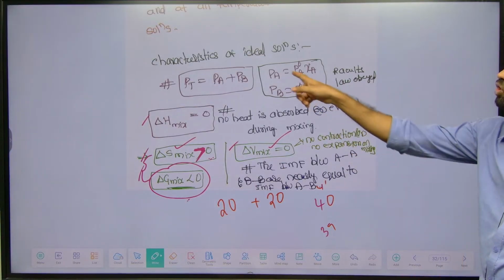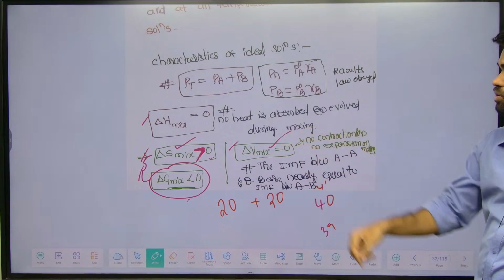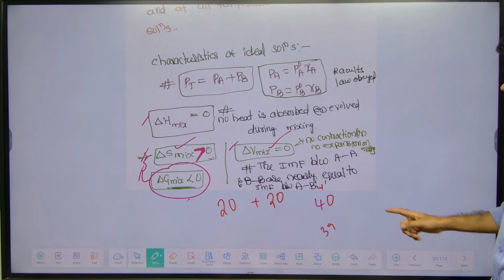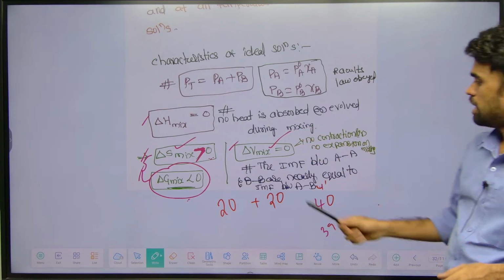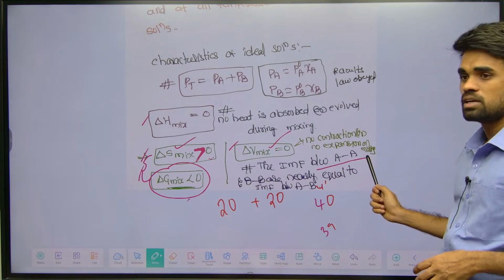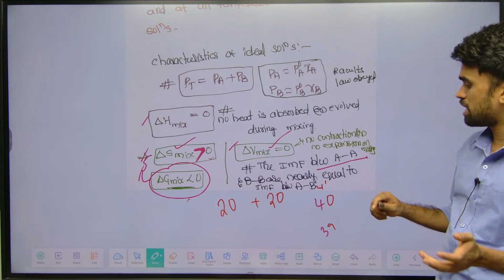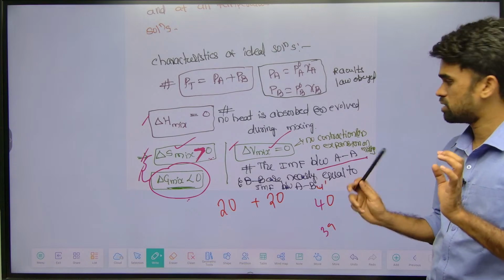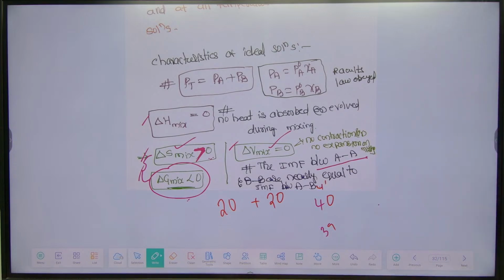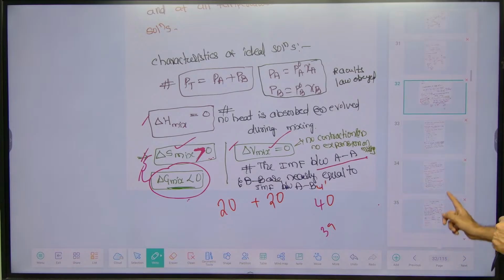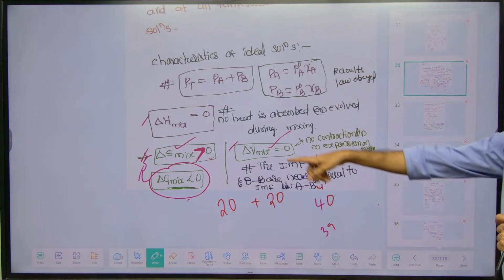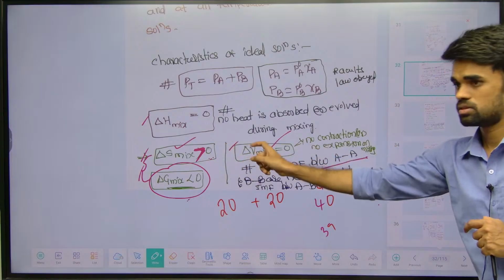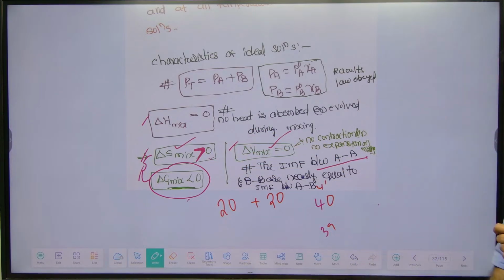We have direct questions on these conditions, that's why I am giving them to you. Also, the intermolecular forces between molecules before mixing and after mixing should be almost similar. Done these 4 points? Write these 4 boxes.